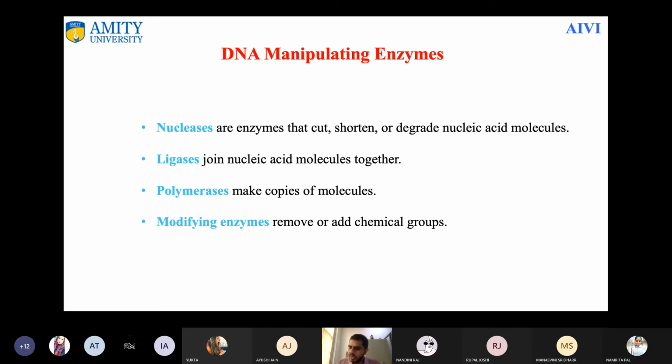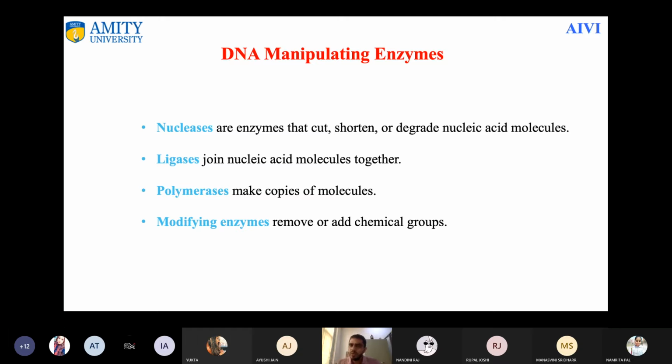So what task do we want to do in recombinant DNA technology? As I have been saying since our previous class, we are going to play with DNA. DNA is a segment, a fragment, or a chain of nucleotides.